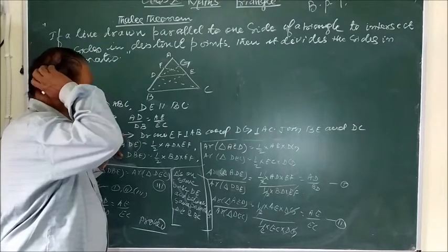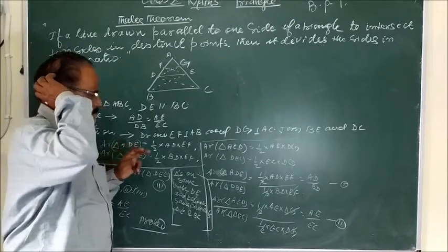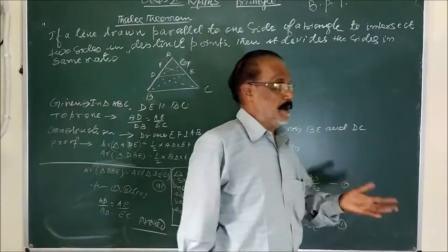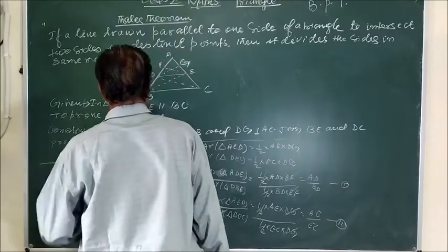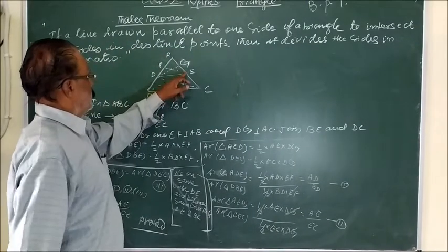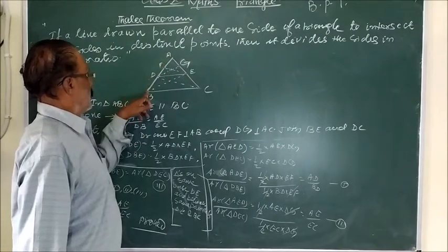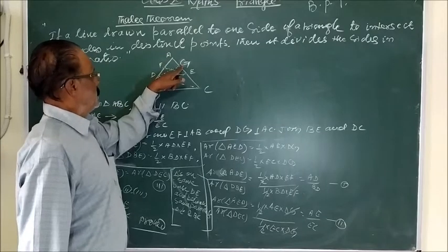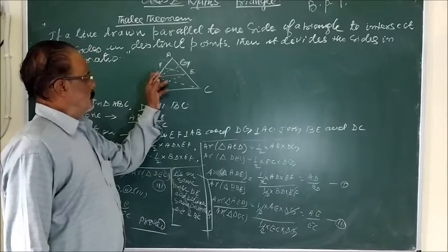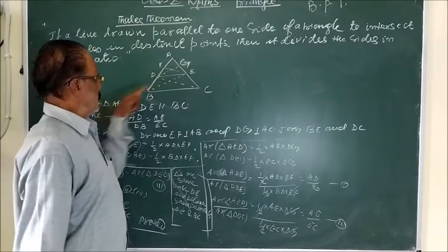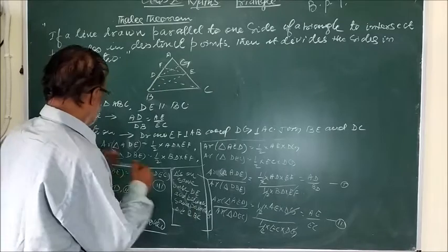And you know very well, some theorems require some additional construction. Here the construction is, we draw EF perpendicular to AB and DG perpendicular to AC. And we have joined BE and CD. This is the construction.